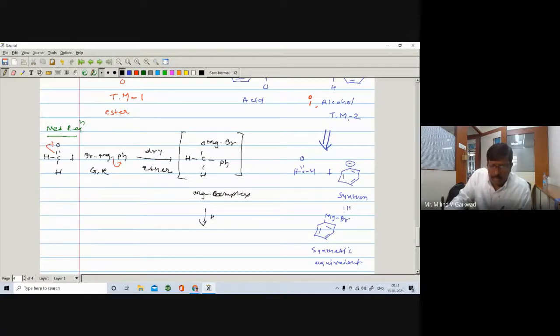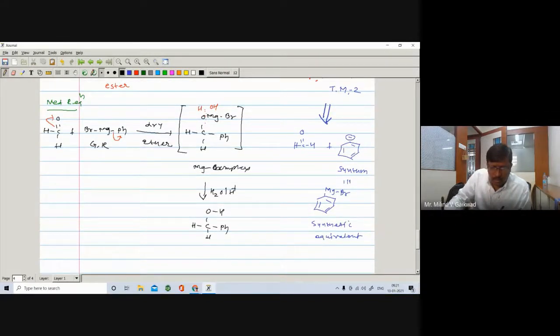Further, it undergoes hydrolysis in the presence of acid. So here it undergoes hydrolysis, oxygen negative, addition of H, addition of OH, and you get here H, here is H, here is Ph, and here is O, and here is H. So you are getting the corresponding primary alcohol.